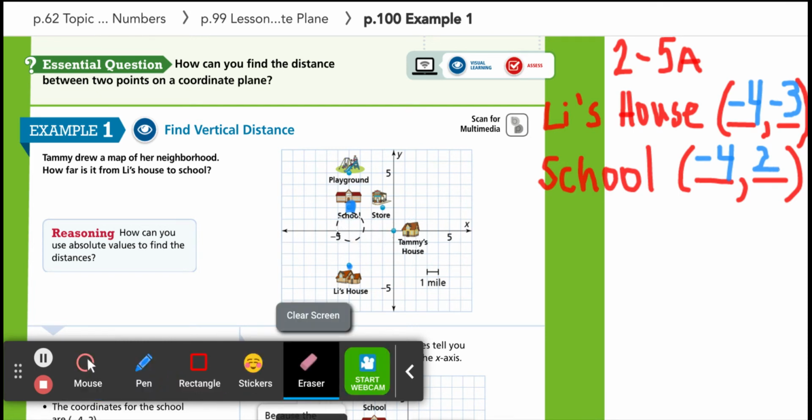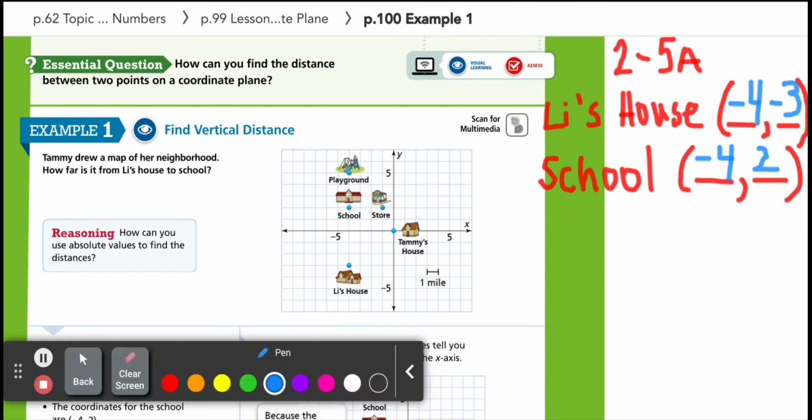Now, I want to figure out here the distance between Lee's house and the school. So we are going to have to be crossing that x-axis, right? The x-axis which runs horizontally. We have to cross it to get from Lee's house to the school.